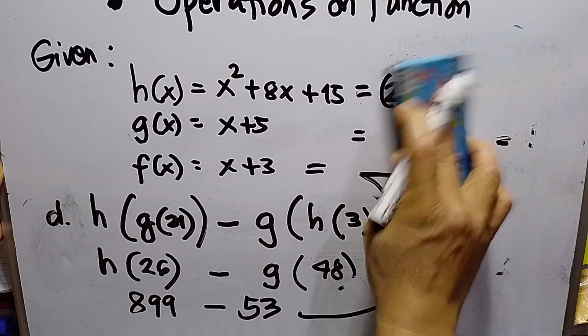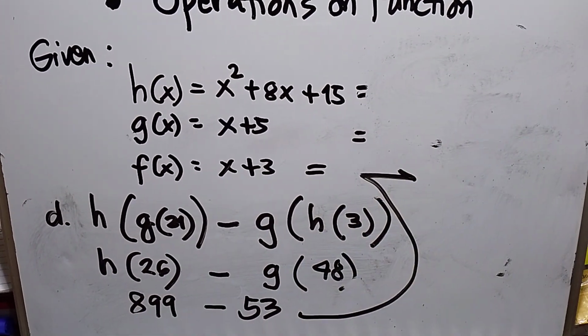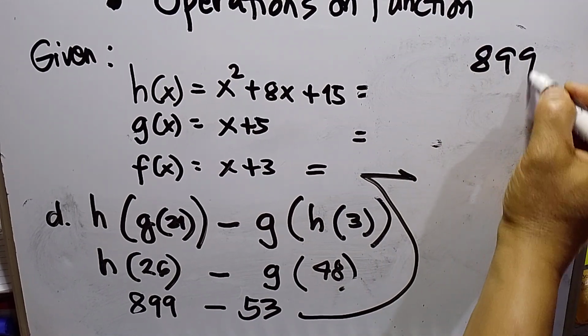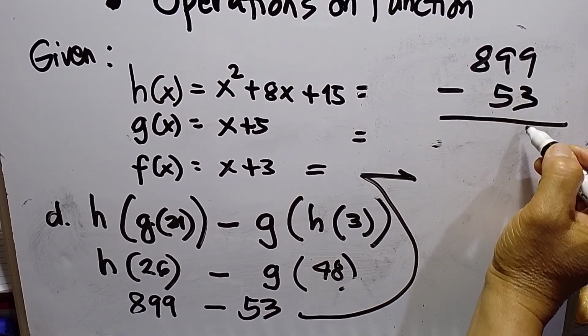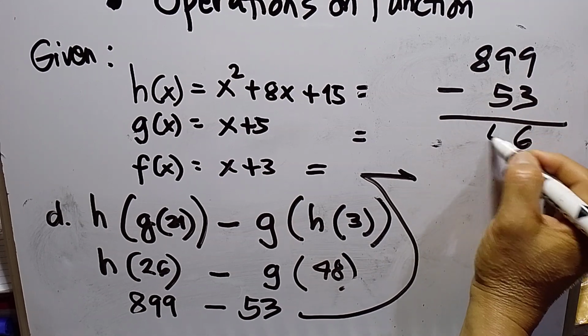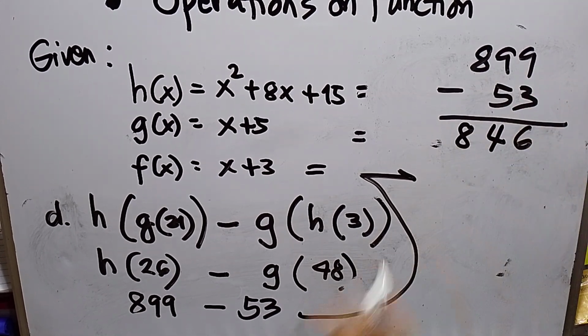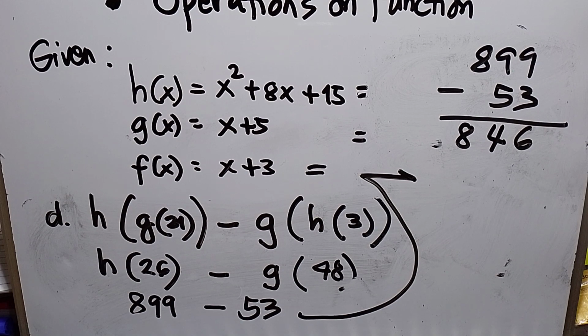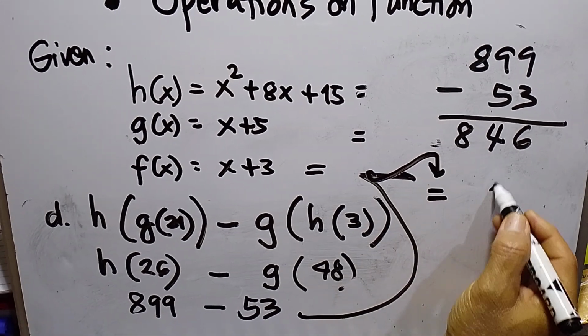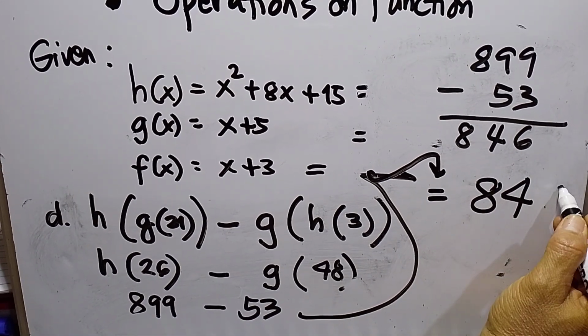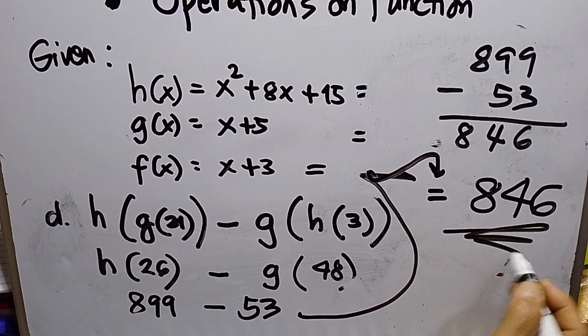So this will be 899 take away 53. So 9 take away 3 is 6. 9 take away 5 is 4. Bring down 8. So I've got 846. So my answer for letter D is 846. That's all for this topic.